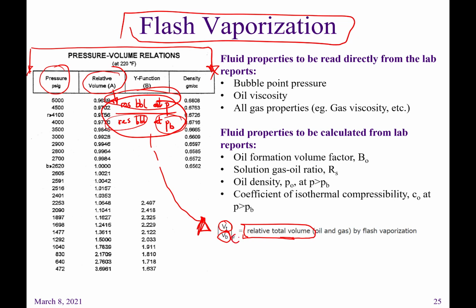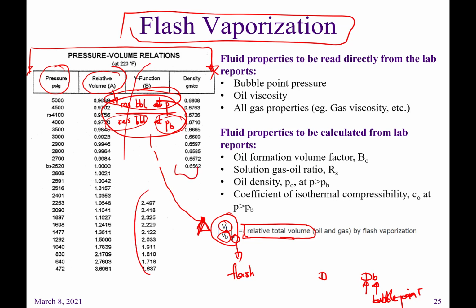The subscript F tells you it is for flash, because you will later see other relative volumes which have subscripts D for differential liberation, and another one which has DB, D for differential liberation and B for bubble point. So that alone tells you a lot about the different relative volumes we're going to be talking about. So we're not going to talk about this Y function. Of course, density is important.